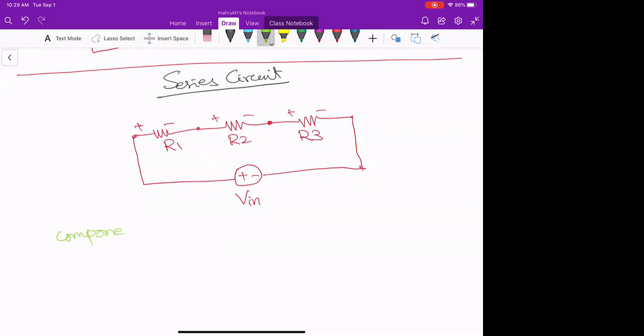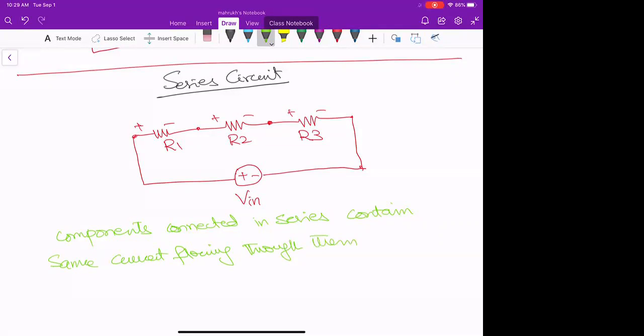Another way of thinking about that is components connected in series contain the same current flowing through them. That's what we have defined before as well. So if these are the components that are connected in series, they have only one current flowing through them, okay?